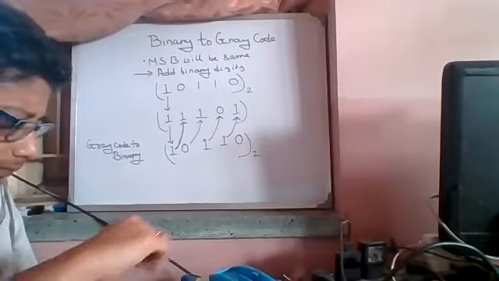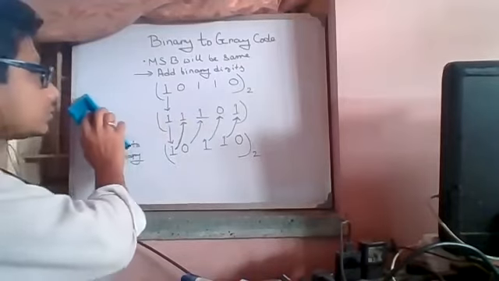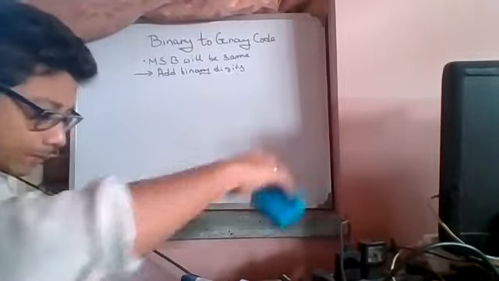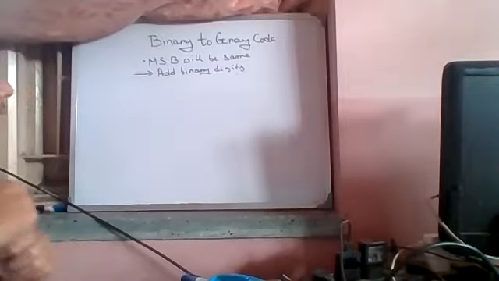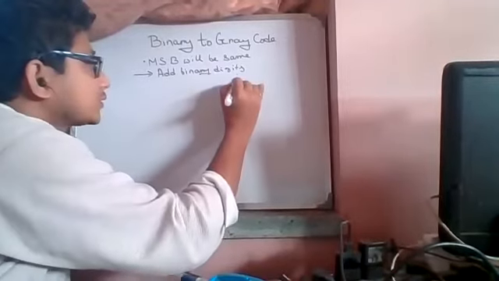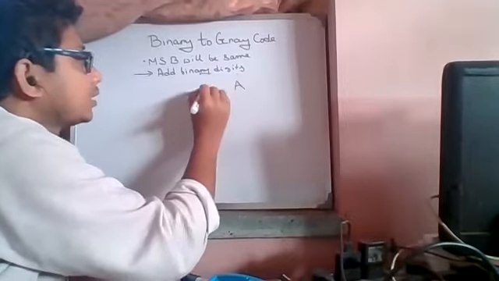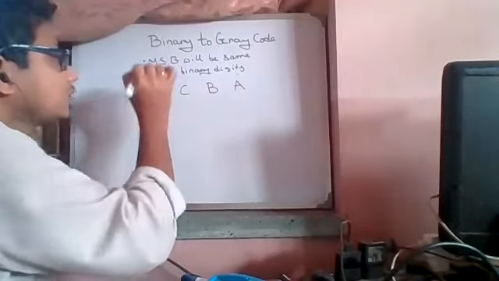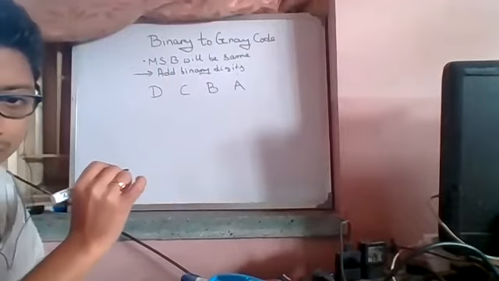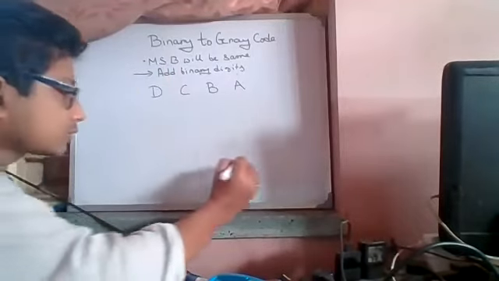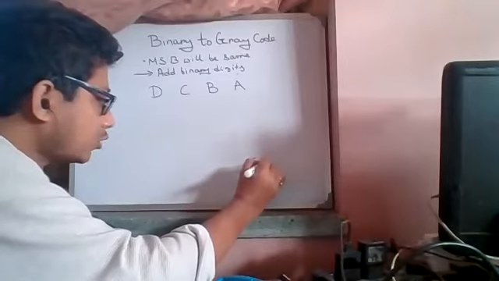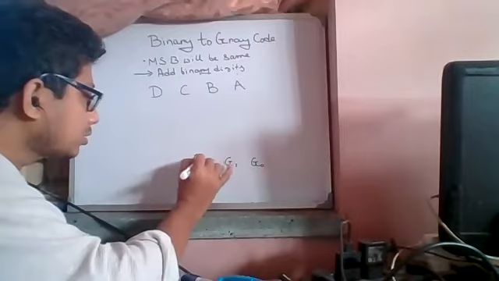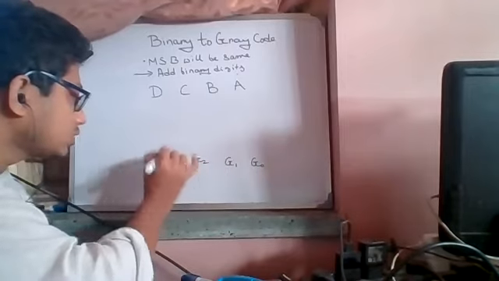And what is that? Suppose here are your binary digits A, B, C, D, and here you are writing your output Gray code digits G0, G1, G2, G3.